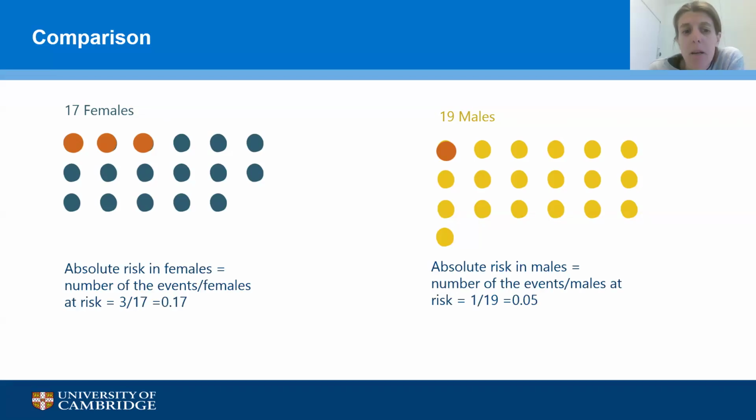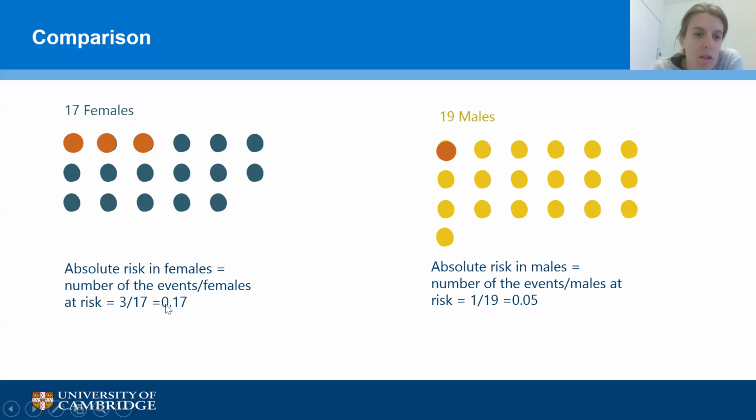And we can calculate the absolute risk in females, as we said before, and the absolute risk in males. The absolute risk in females will be the number of events divided by the number of females at risk. As you can see, we have 3 events, 3 myocardial infarctions in 5 years, divided by the overall number of females, that is 17.